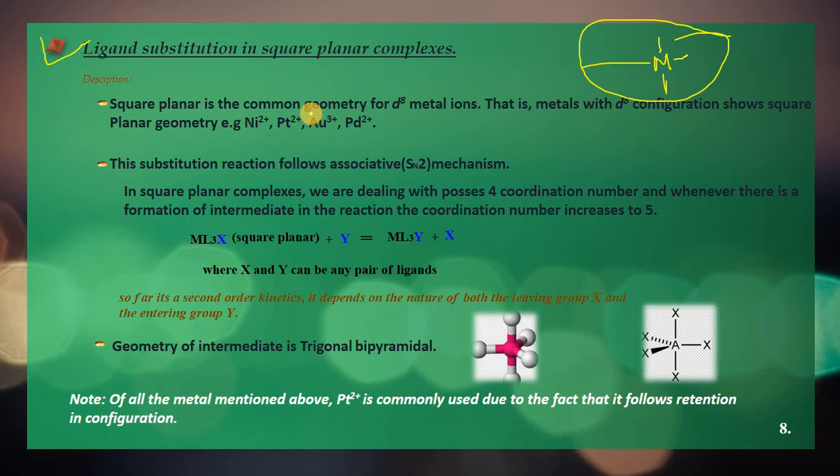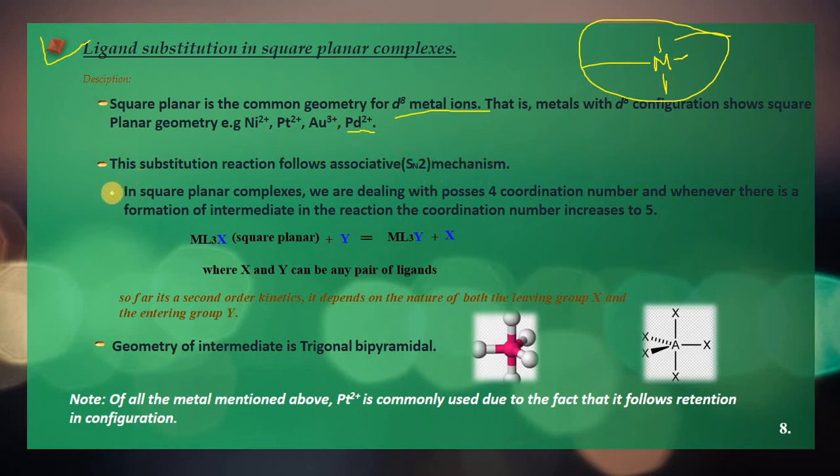It is the common geometry for d8 metal ions. That is, a metal with a d8 configuration shows square planar geometry. Examples are Ni, which is nickel, Pt, platinum, Au3+, gold, and Pd2+, palladium. This substitution reaction follows the associative mechanism.